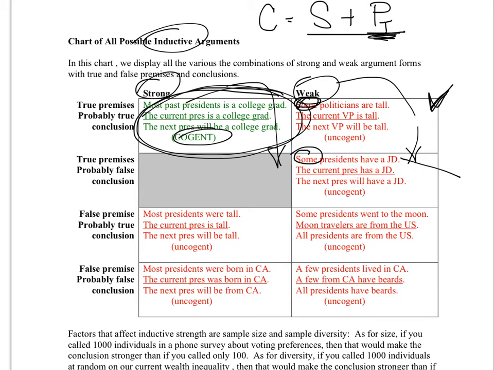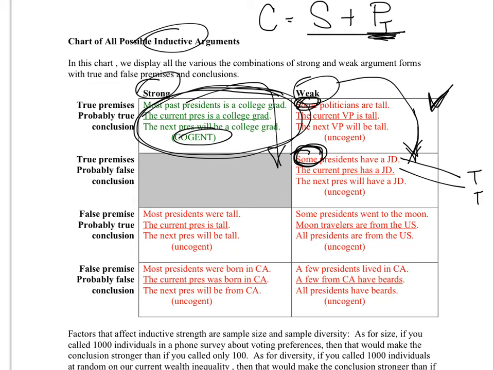Our current president, Barack Obama, also has a law degree. Is it likely that the next president will have a law degree? It's hard to know. We don't know. But on the basis of the word some, it doesn't give us great confidence that the conclusion is going to be well supported. So this is what makes it the case that we have a weak inductive argument.